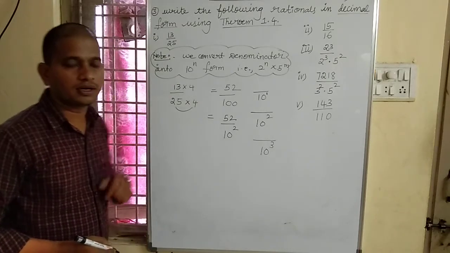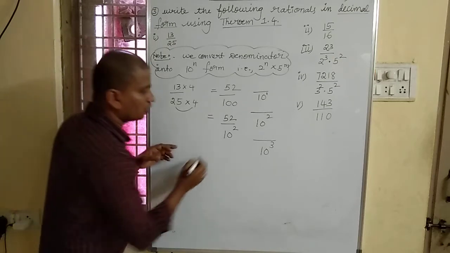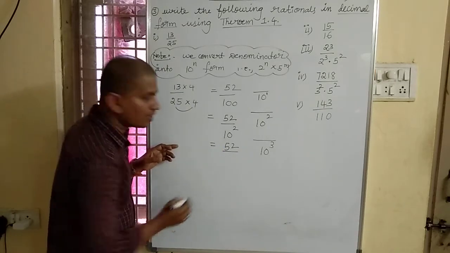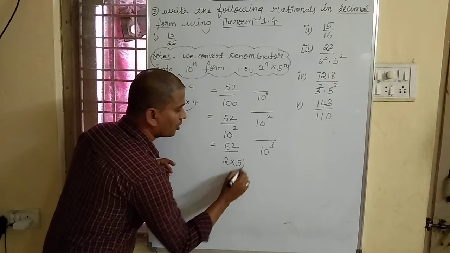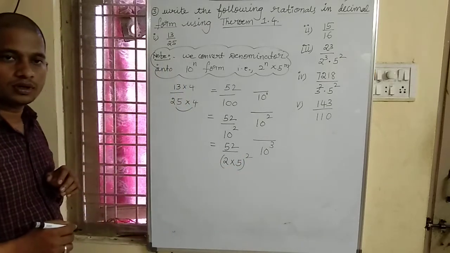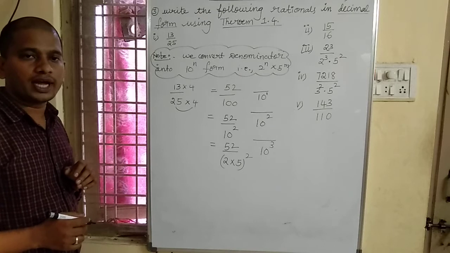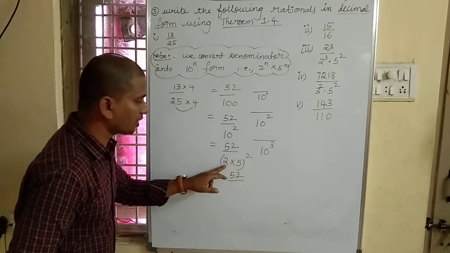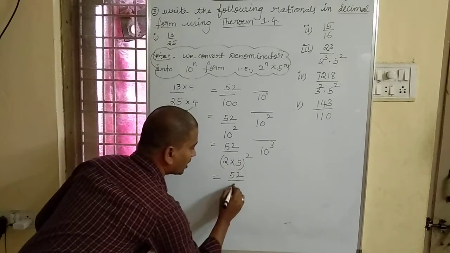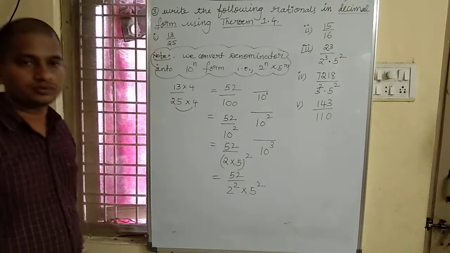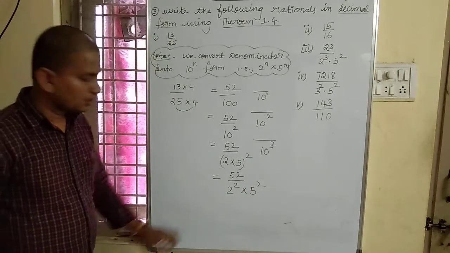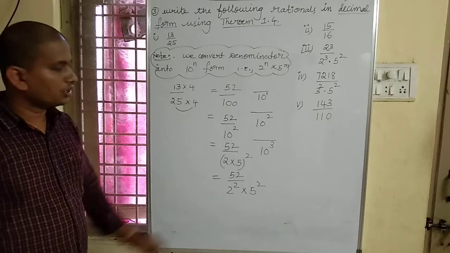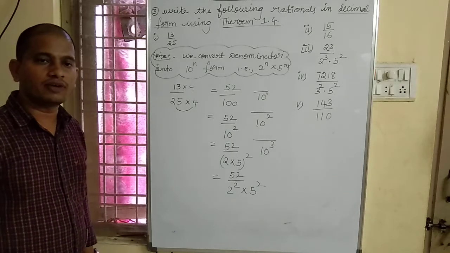So 52 by 10 square, and 10 I can write as 2 into 5, whole power 2. So 52 by 2 power 2 into 5 power 2. Here the denominator is of the form 2 power n into 5 power m.